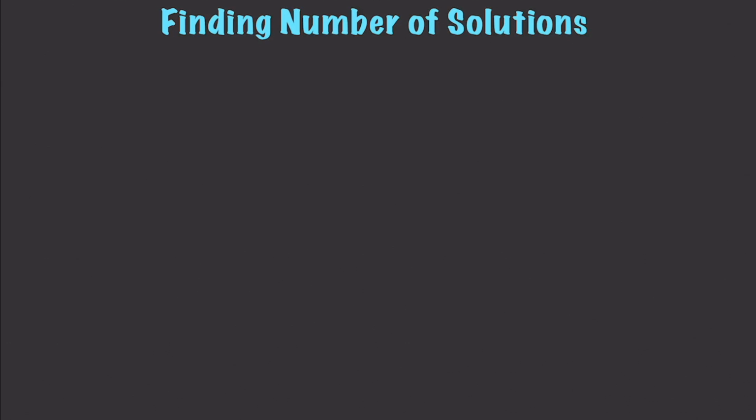You've already seen situations in which you had one solution, so I want to go through some systems where you will have no solutions and many solutions and show you exactly how to spot when that occurs. So we are going to start off with some equations here, and this will also give us some practice in solving more equations. And feel free to go ahead and solve this along with me. The more practice, the better, of course.